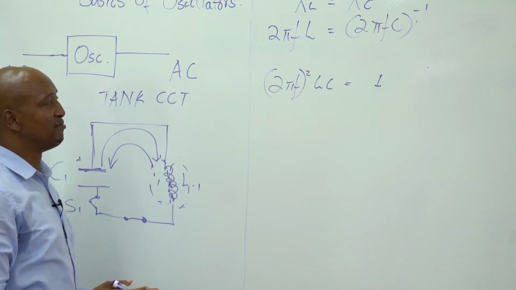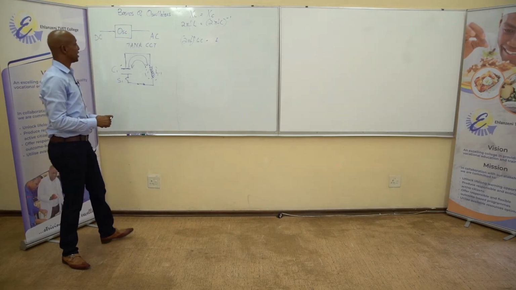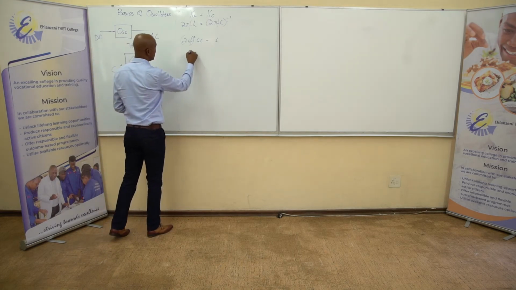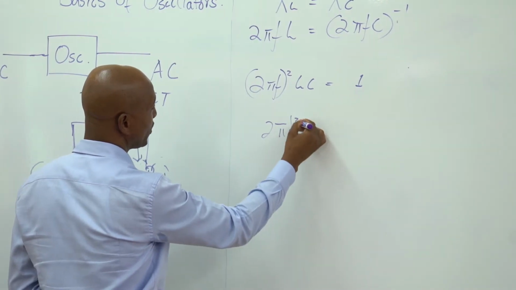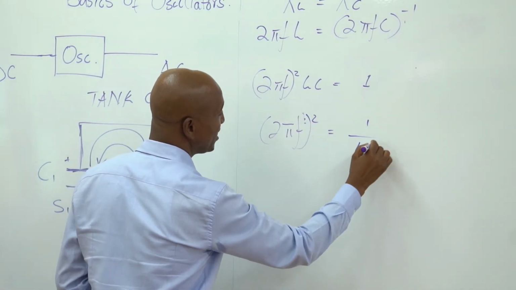We will not go deeper into the mathematics of it, but it will simply tell us that (2 pi f) squared is equal to 1 over LC.